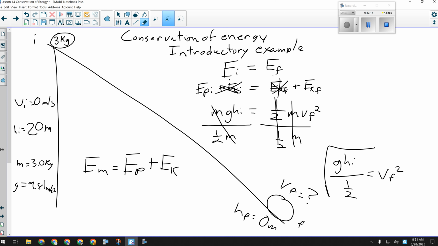Okay, so I've got the square root of g h i divided by 1/2. That's now going to calculate v f. All right, so v f will equal 9.81 times 20 meters. That was our initial height. Divided by 1/2.